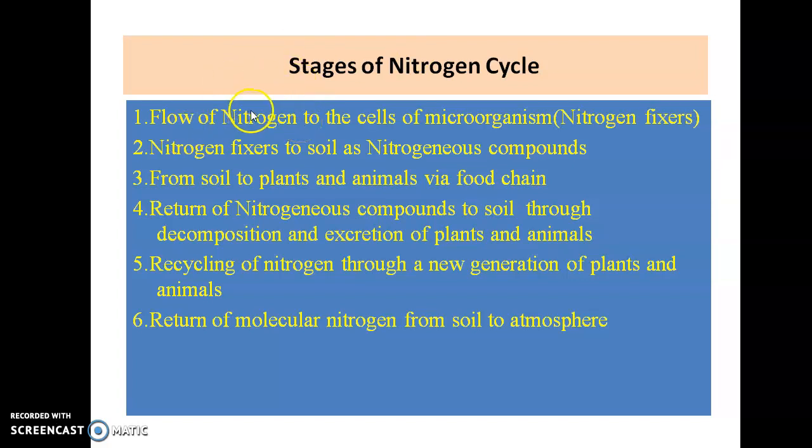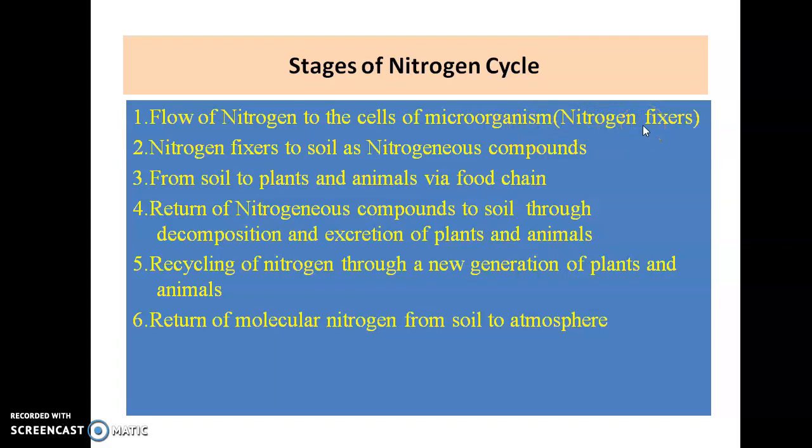The molecular nitrogen, which exists in the air, cannot be used by any organism on our earth except microorganisms. Certain nitrogen fixers dwell on our earth for converting this molecular nitrogen into the corresponding nitrogenous compounds. So the first stage is also called nitrogen fixation, and this is done by certain microorganisms called nitrogen fixers.